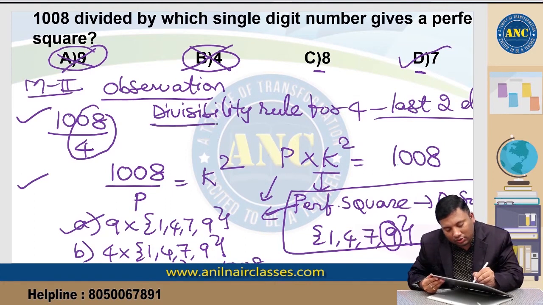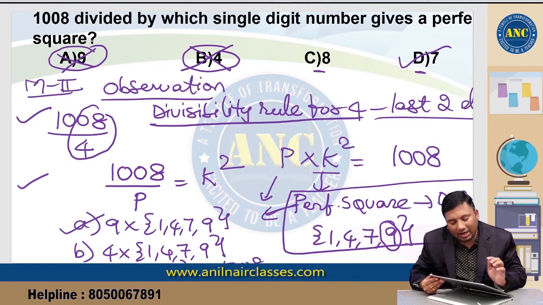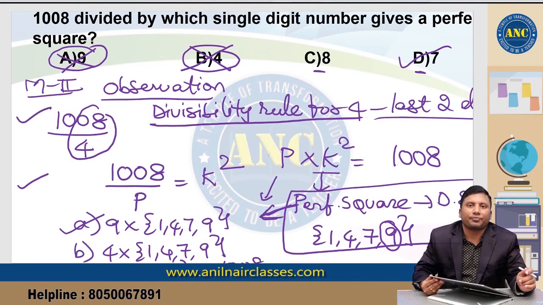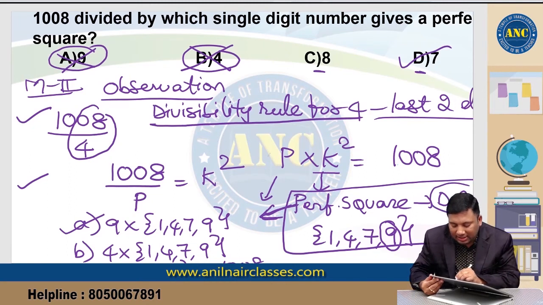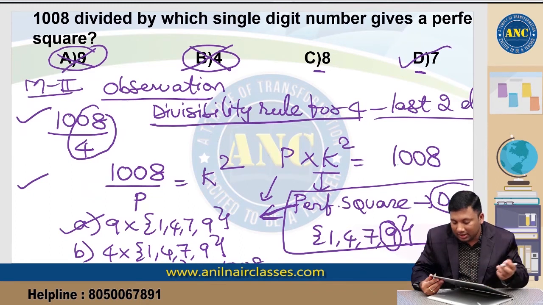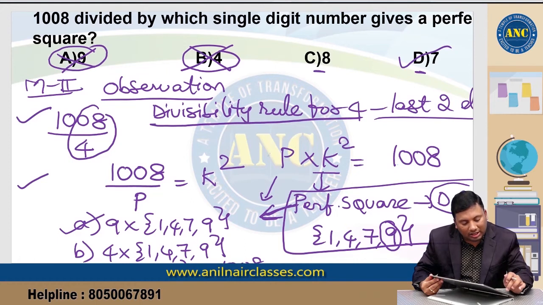The digital sum logic is not working effectively here because the right hand side digital sum is 9. Any number multiplied by 9 will automatically give you digital sum 9. I hope the logic is clear.